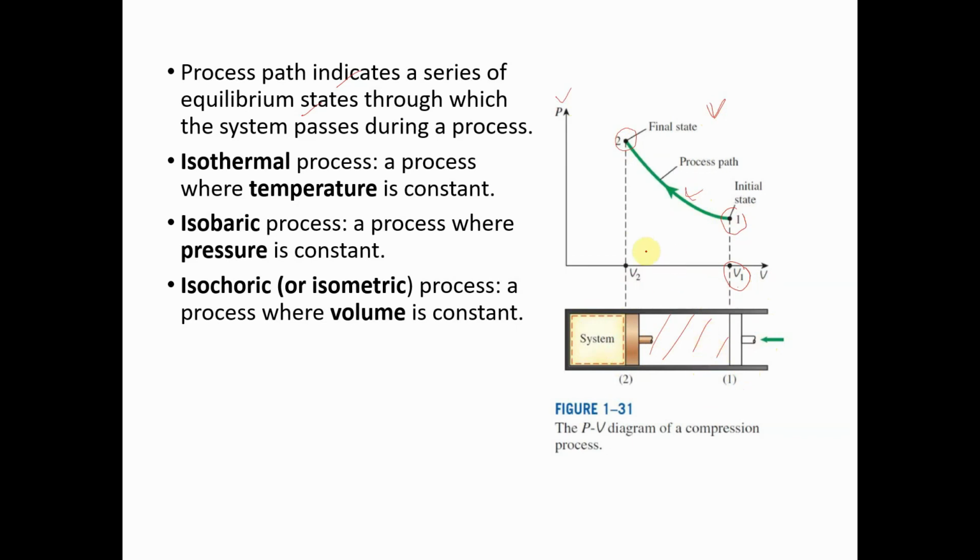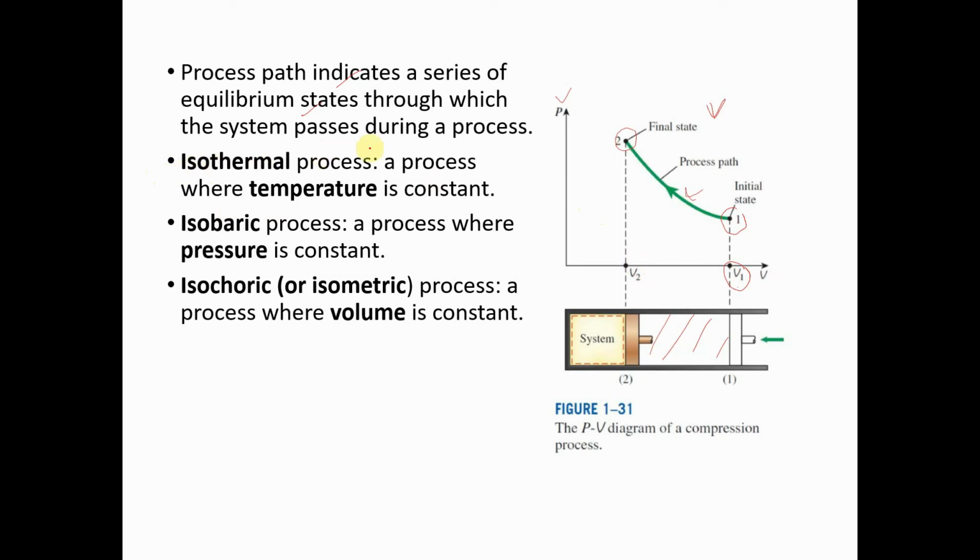When a process happens, we also have to consider that not all properties will change. The properties again are temperature, pressure, volume, density, and so on. There are cases where some of the properties do not change, and we give these specific names.